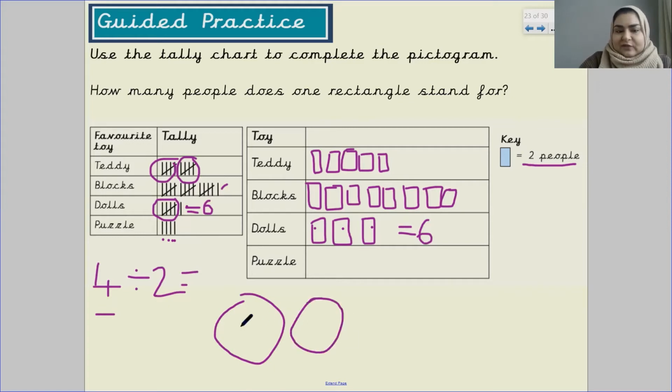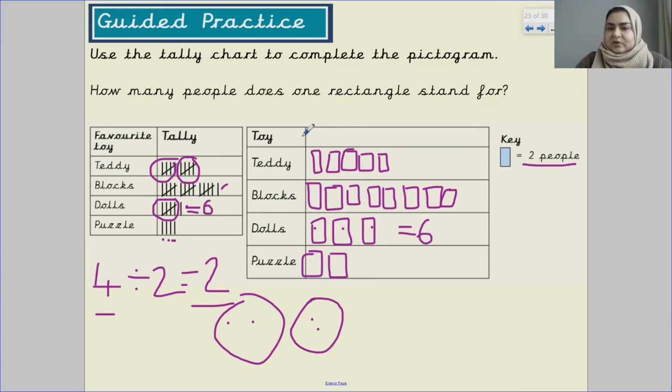So now let's share 4. 1, 2, 3, 4. So I've shared 2 in each group, which means I need to make 2 triangles. Now, I want to double check if I'm correct. So I am going to count using repeated addition.